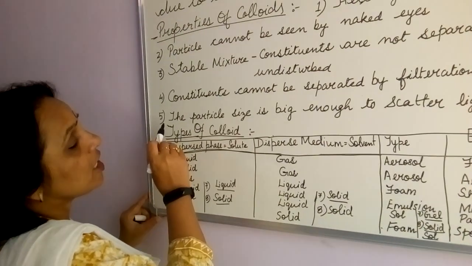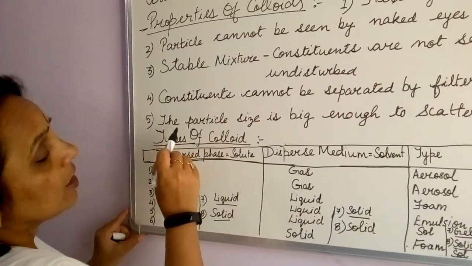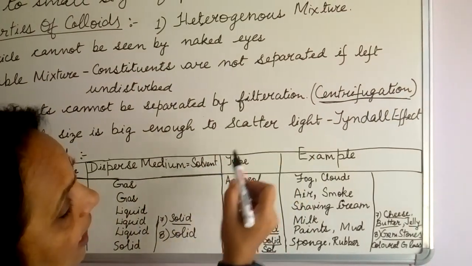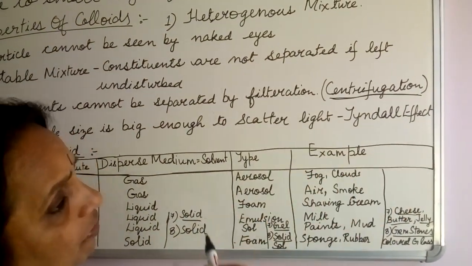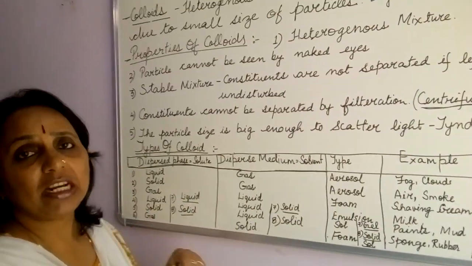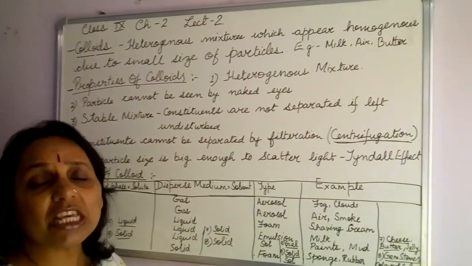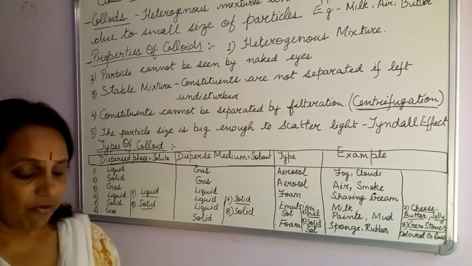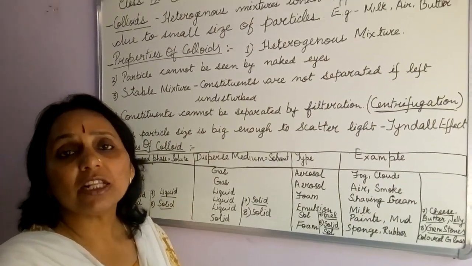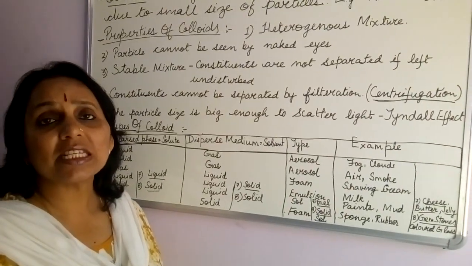And coming to the last property of colloids, the particle size of the colloid is big enough to scatter light and show the Tyndall effect. In the previous lecture we had studied about the Tyndall effect. If the particles of solute are large enough, they can scatter light.